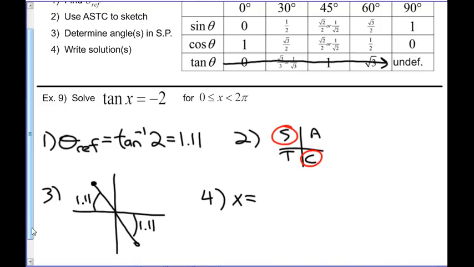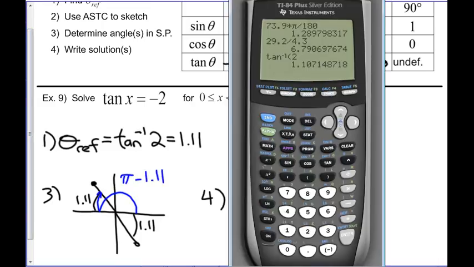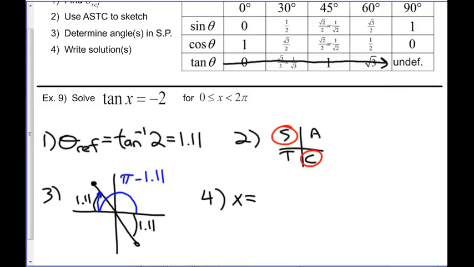So the first one, I would think of that as pi minus 1.11. And I'd go to my calculator and find out what that is. 2.03. Okay, let's find the other one. I would think of this as a full revolution, but minus 1.11.